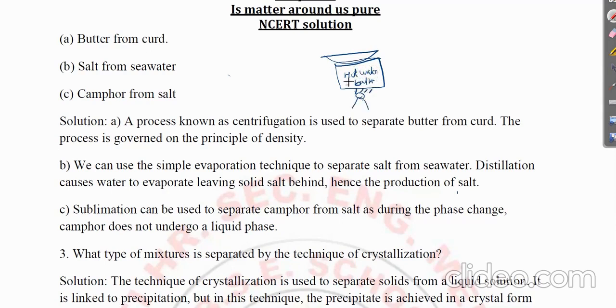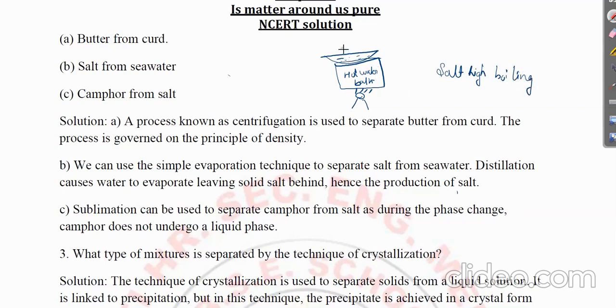Then the heat from this hot water bath will reach this mixture of camphor and salt. As camphor is a volatile substance, it will readily convert from solid to vapors. After some time you will see that all of the camphor has been released and only salt is left, because salt has a very high boiling point and hence is undisturbed.